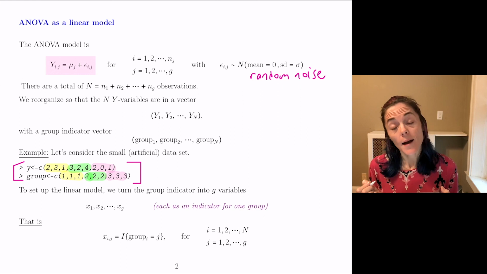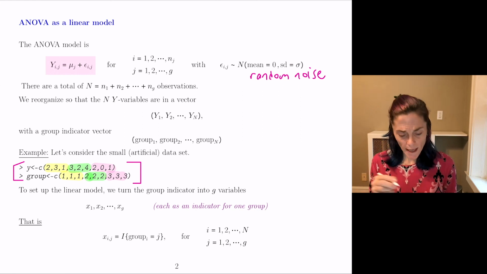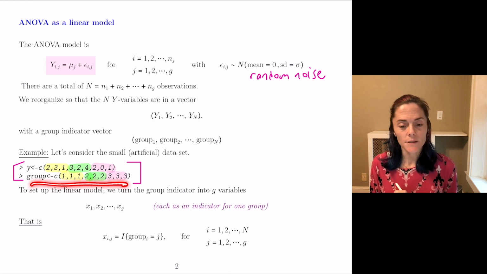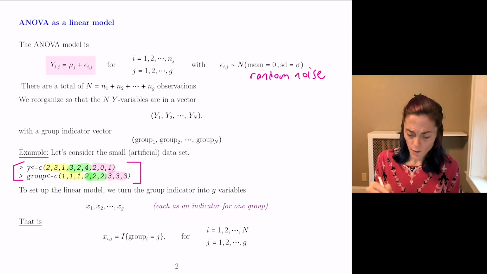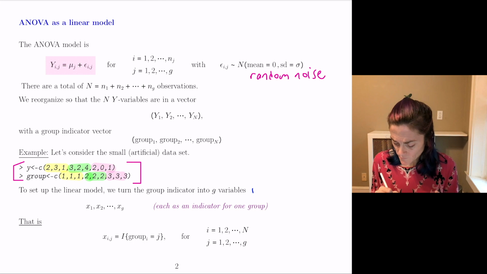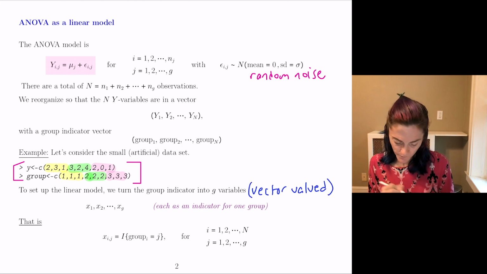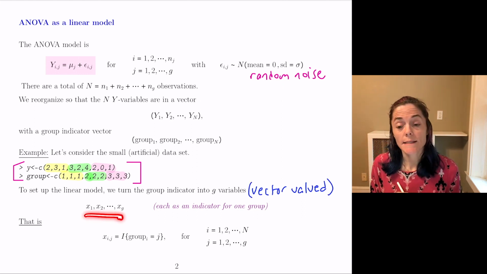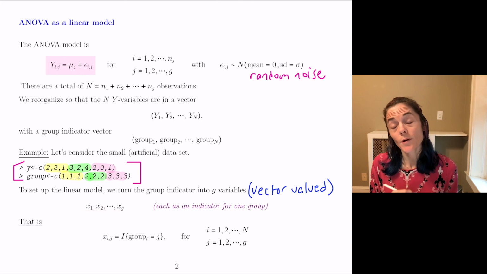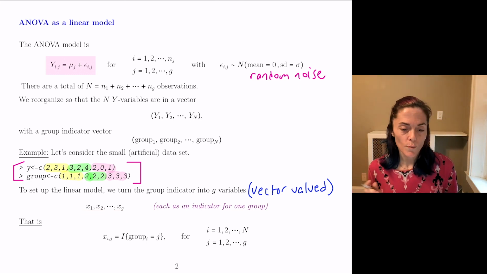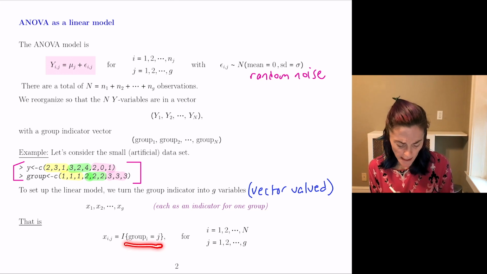Okay, so to set up the linear model, we turn this group indicator vector into G variables. I'm really thinking about this as vector valued. And I'll show you this example in just a moment. We have x1 through xG. Each variable, vector valued, is an indicator for each group. And that's exactly what this says here.